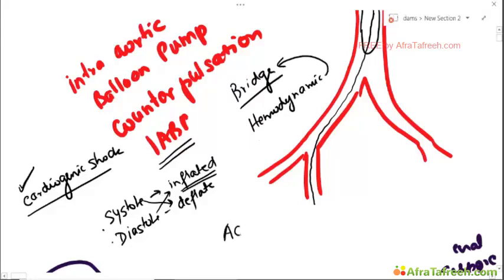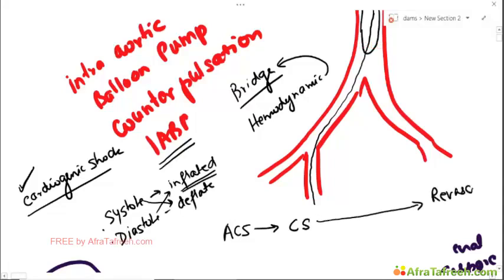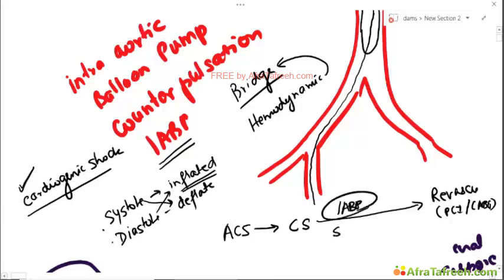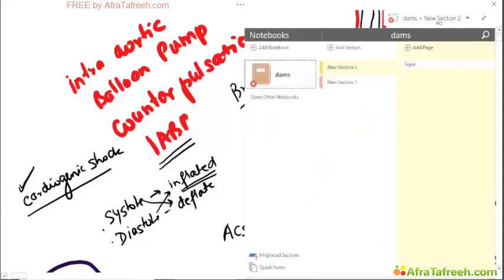So if the patient has an acute coronary syndrome, develops cardiogenic shock, needs revascularization, that is PCI or CABG, then the patient can be put temporarily on IABP to support the hemodynamics, right? So this is about IABP.